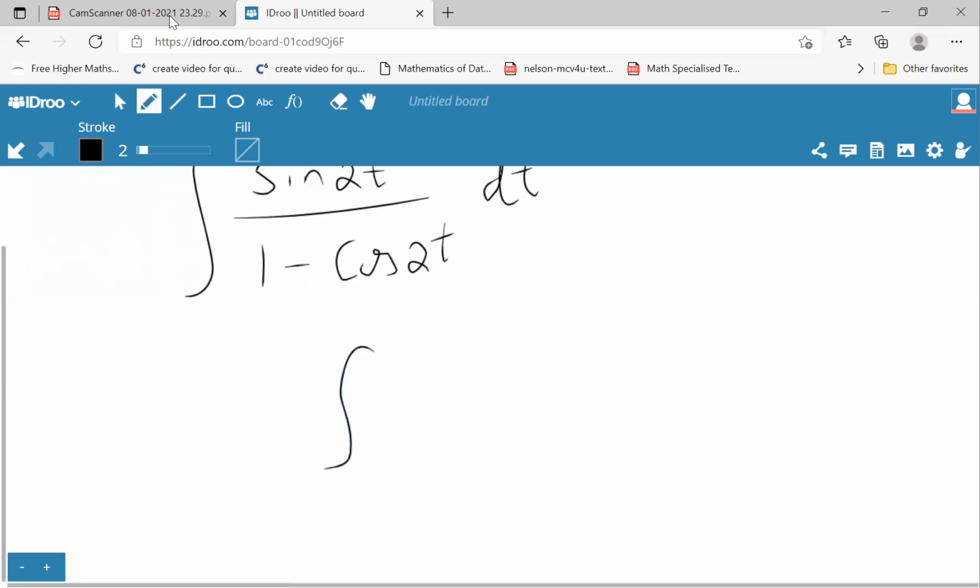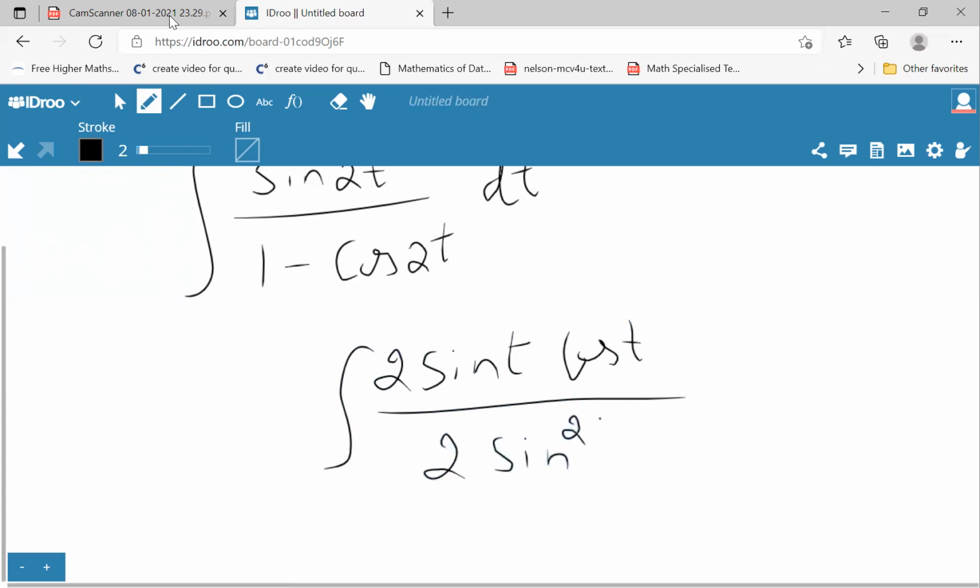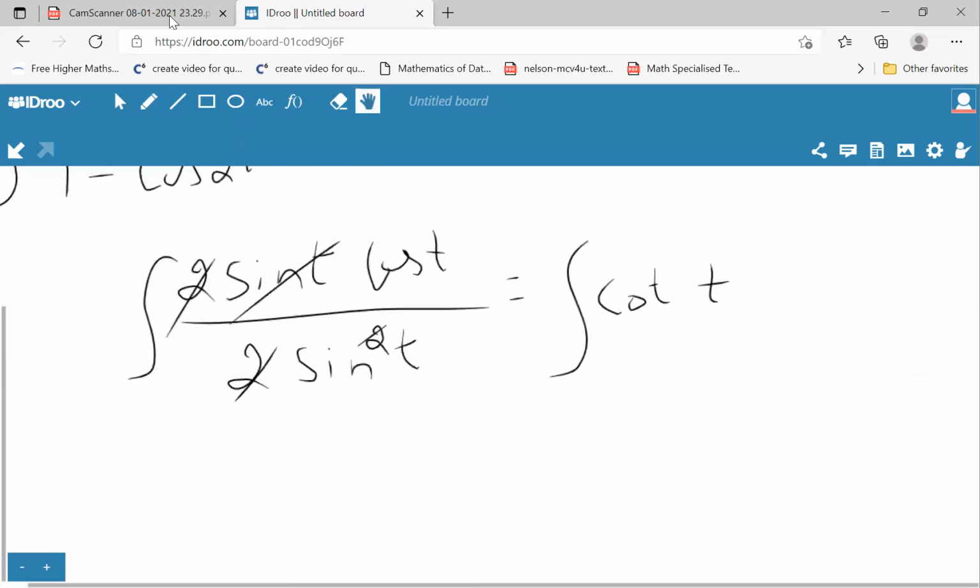Now you can rewrite sine 2t as 2 sine t cos t, and you can write 1 minus cos 2t as 2 sine squared t. So the 2 and 2 will get cancelled, and sine t and sine t will get cancelled. That will give you integration of cos t by sine t, which is nothing but cot t.